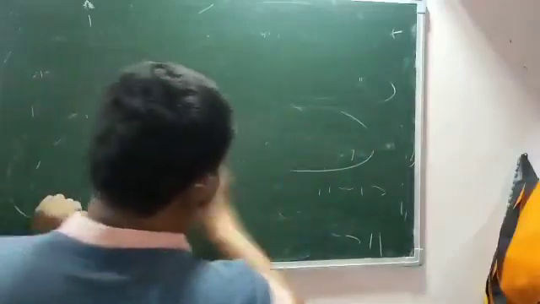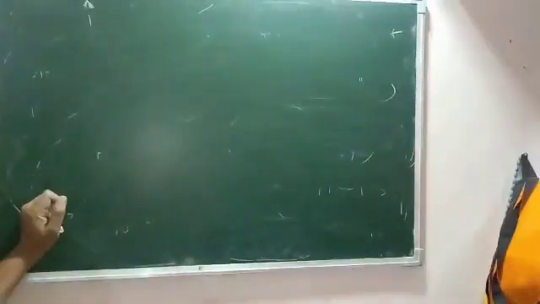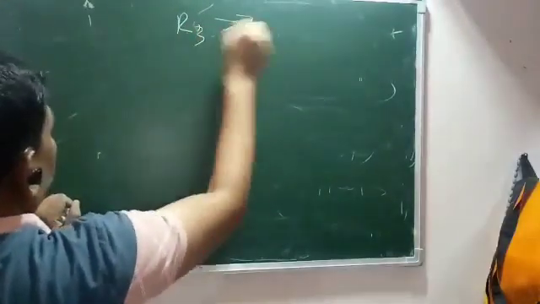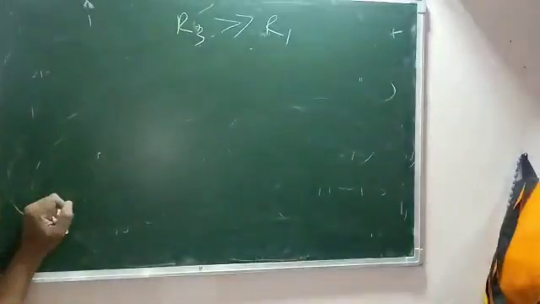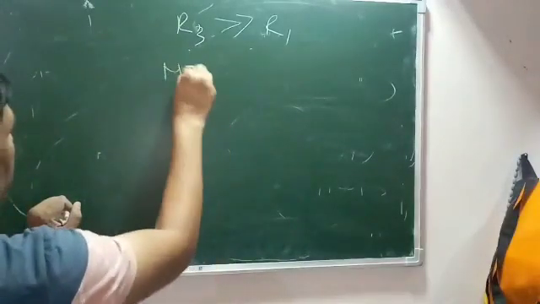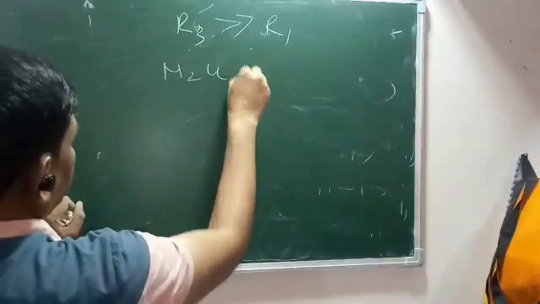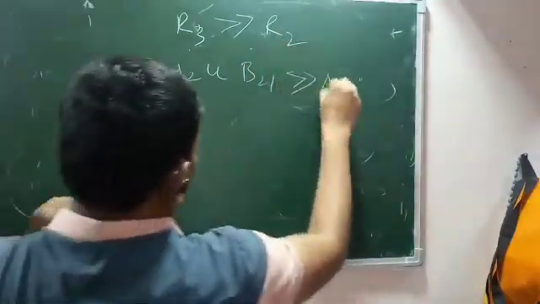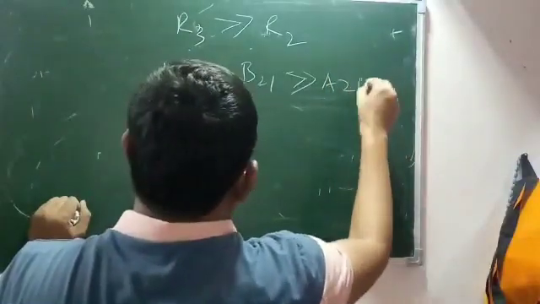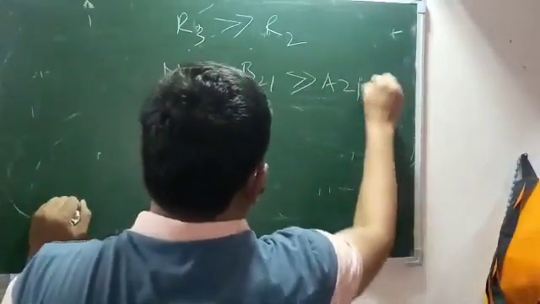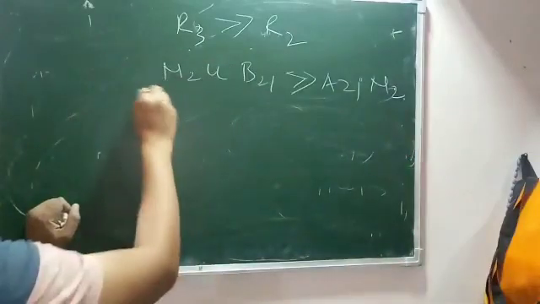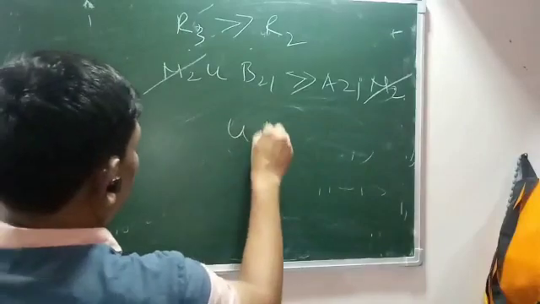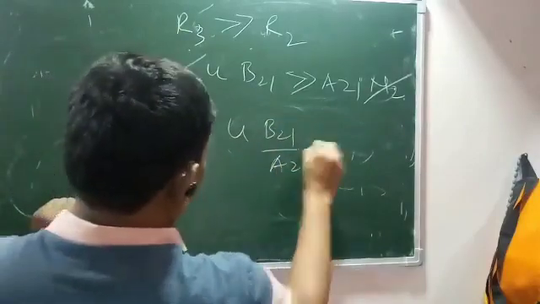Now we come to the second condition, R3 greater than R1. The value of R3 is equal to N2 U B21, and R2 is A21 N2. So N2 and N2 cancel out, and U B21 by A21 is greater than 1.